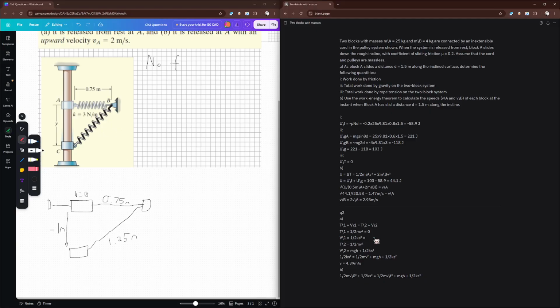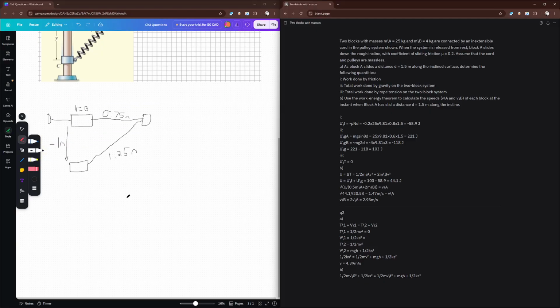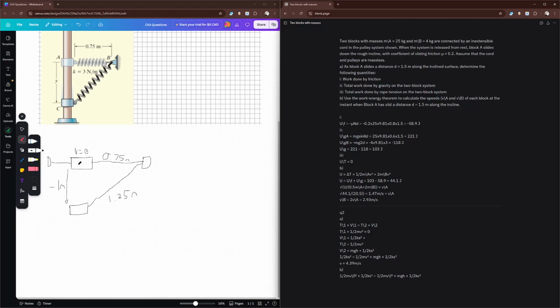And recall, the reason that the mgh here is 0 is because from the datum is where we consider our energy for height. So if it's on the datum, it has no potential energy. So that's why it's 0 for initially, right?